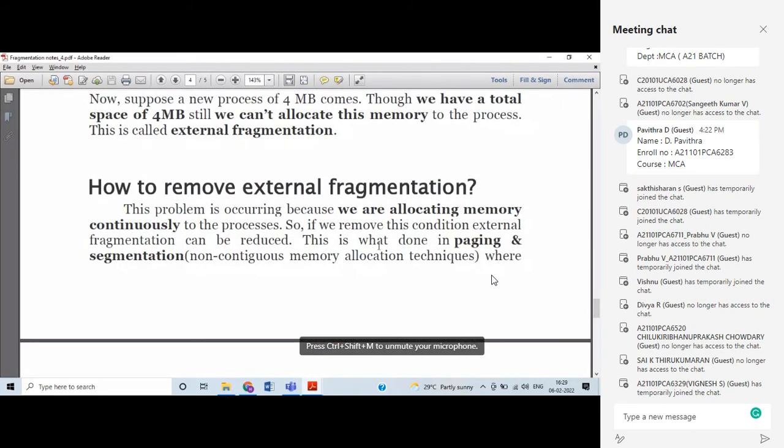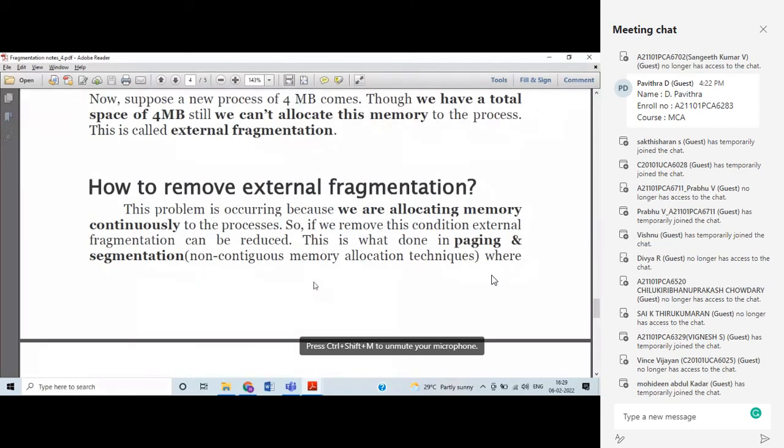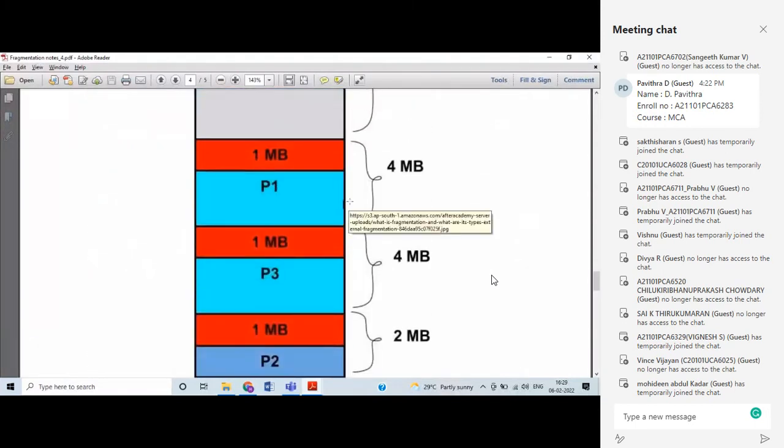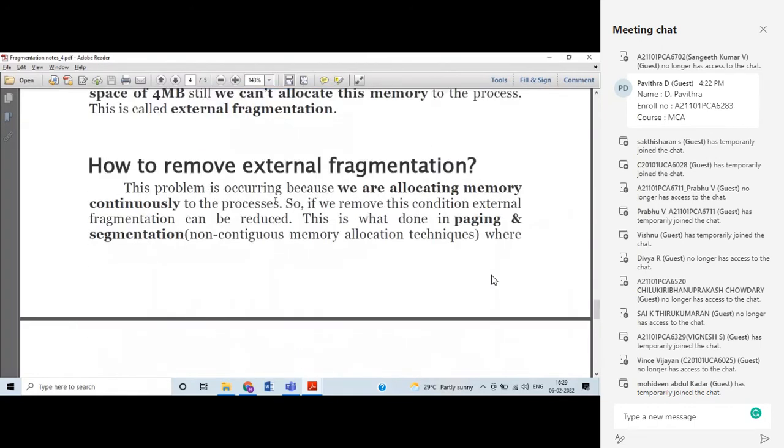So how to remove the external fragmentation? This problem is occurring because we are allocating memory contiguously to the processes. We want to place the process contiguously, and that is why this problem occurs. In the previous example, though we have 5 MB or 4 MB of space, we can't allot processes to these spaces because they are broken, not contiguous.